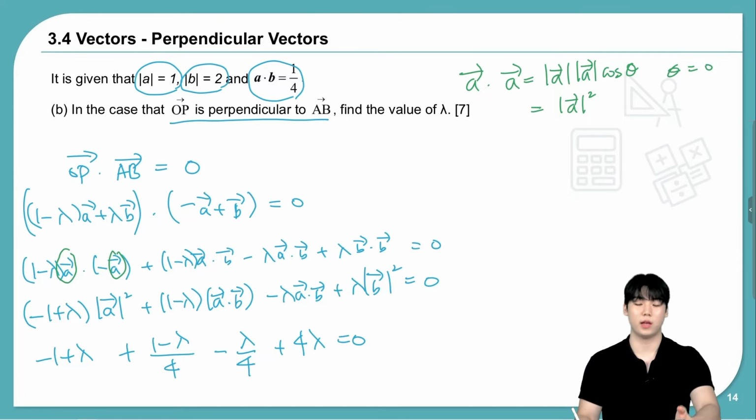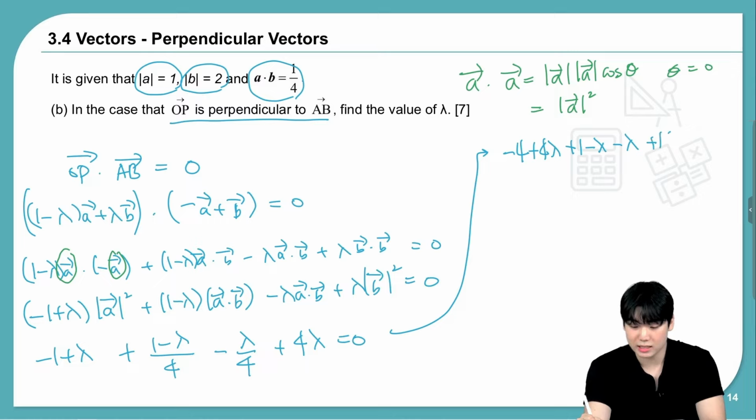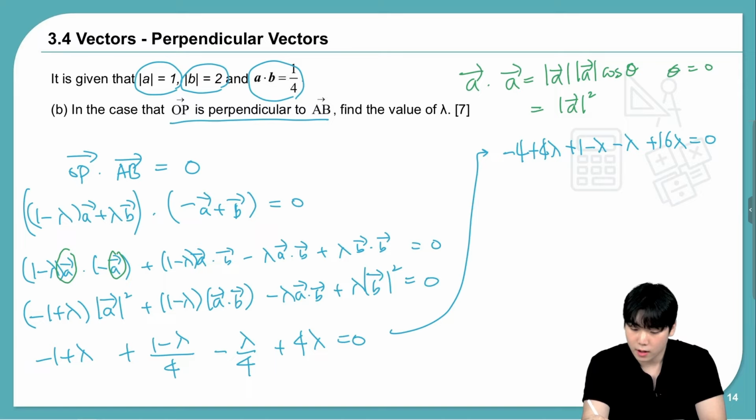Now it's just simple algebra. If I were to continue it here, whew, that's a lot. I'm going to multiply everything by 4, minus 4 plus 4 lambda, because I hate fractions, plus 1 minus lambda, plus 16 lambda is equal to 0. I can simplify this, adding all the like terms. I have minus 3, and that is minus 2 lambda, plus 18 lambda is equal to 0.